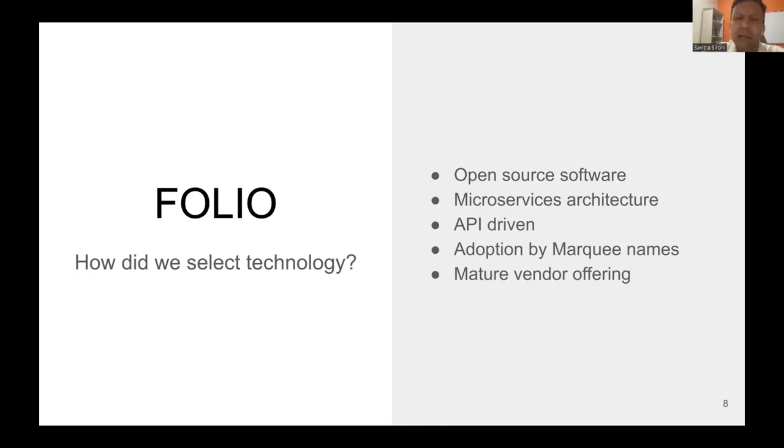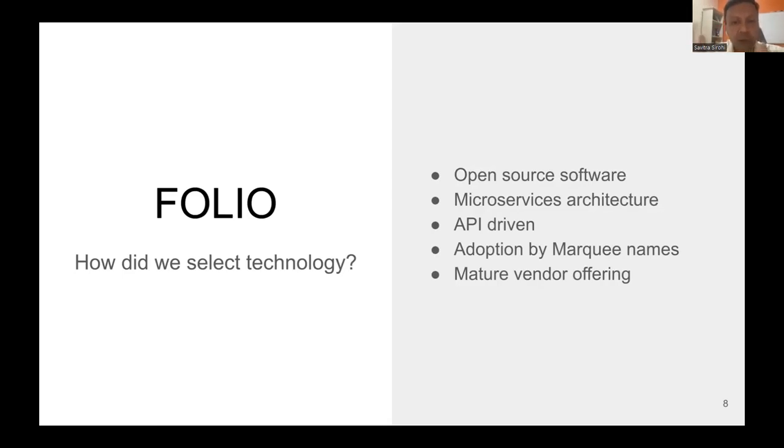Everything is an API. Any data you want from Folio, you can call an API and get it. What does that mean? It means you can build around Folio. If you want to build a reporting tool, you can use the Folio API and build a reporting tool of your own. That is what extensibility is.